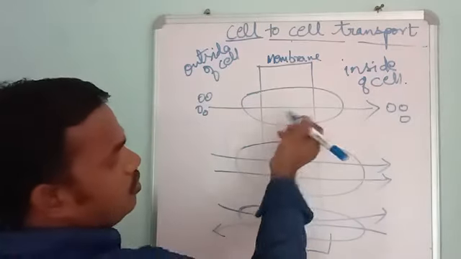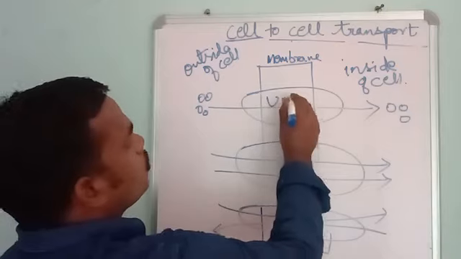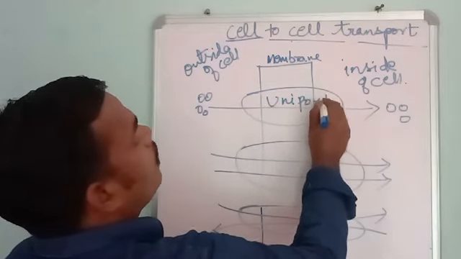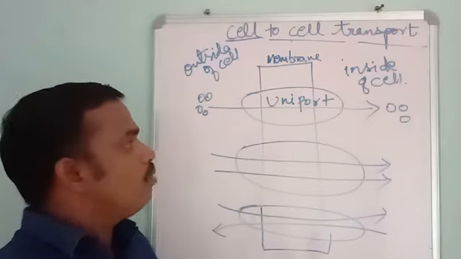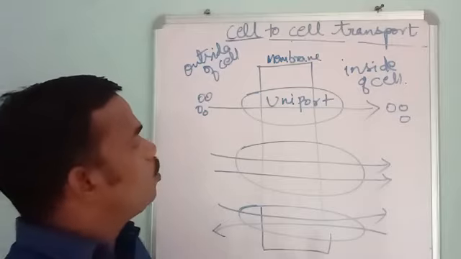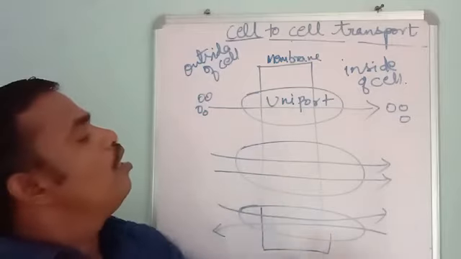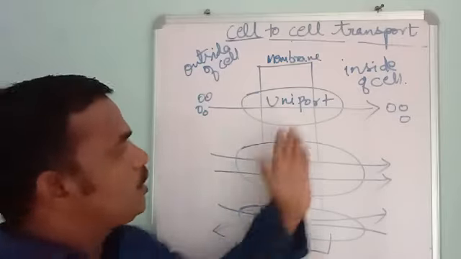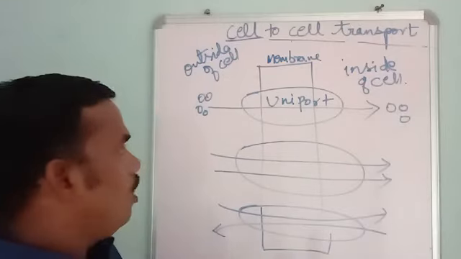So this is uniport. Only a single type of substance is able to move across the membrane in a specified direction. That we call uniport.